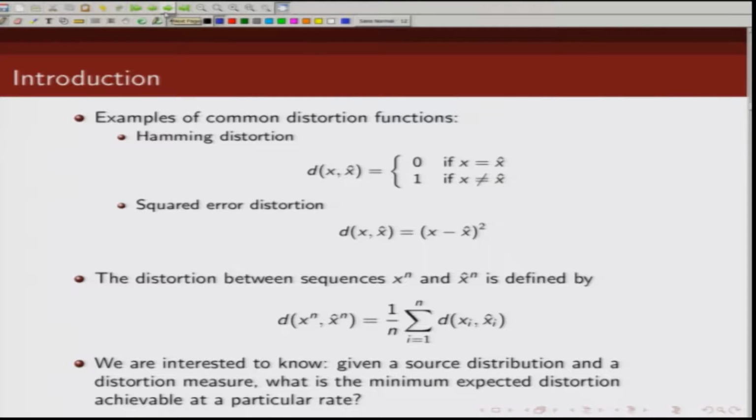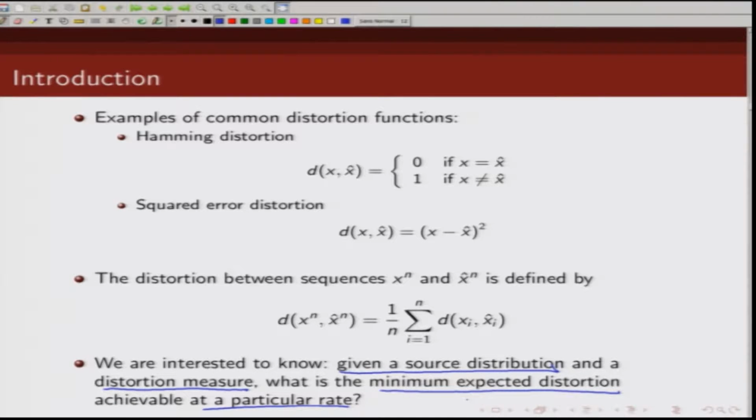Now, as I said in the beginning of this lecture, in rate distortion theory, given a source distribution and a distortion measure, we are interested in the minimum expected distortion for a particular achievable rate.